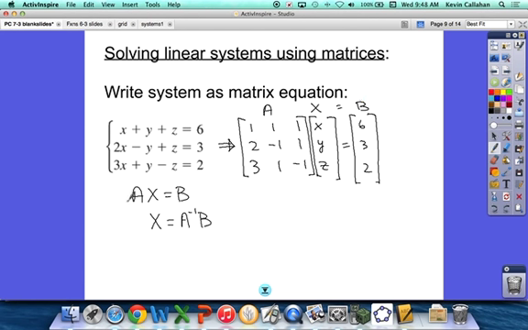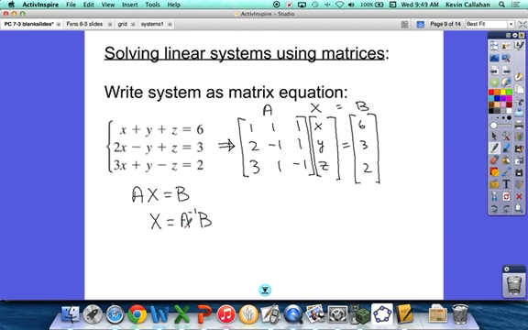Now remember when we looked at this, we said the reason we came up with inverse matrices is so we could solve something like this for X. You can't divide by A, but what you can do is multiply both sides by A inverse. And when you do A inverse times A, you get the identity matrix, and the identity matrix times X equals X. So that solves for X. On the right, you still have A minus 1 times B. But that is all very easy to do in the calculator.